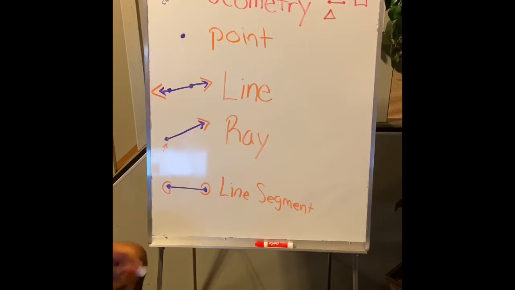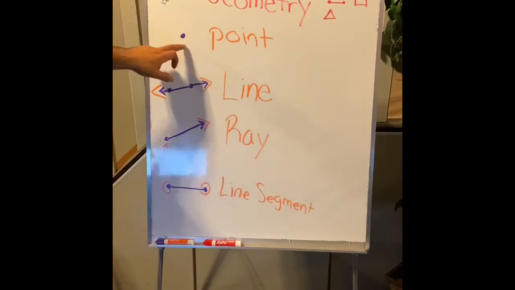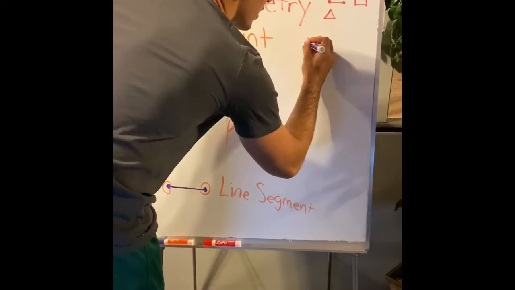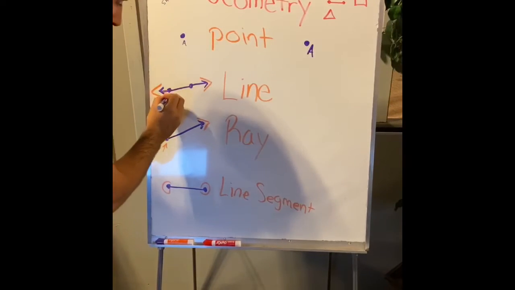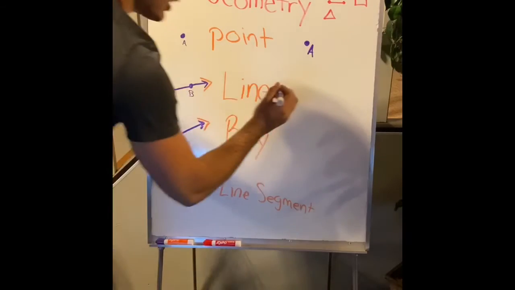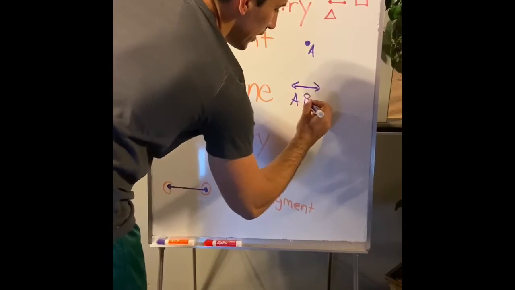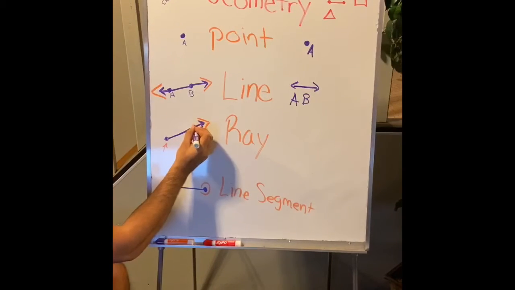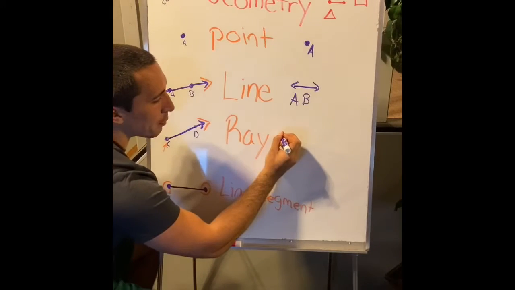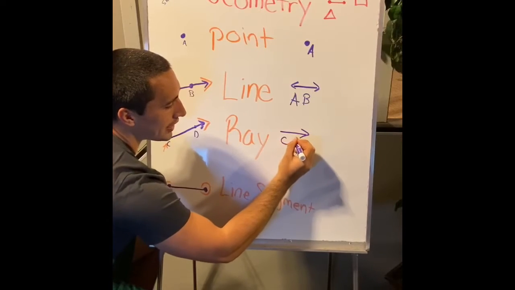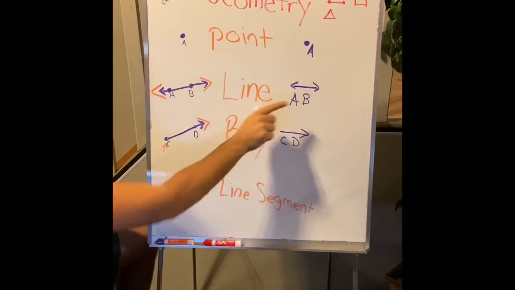To label these would look like this. Point, you can label point A. That would be point A. If this was A, B, this would be line A, B. If you have a point here, let's say C, D, the way you label that would be ray C, D. C would be the end point, and then D is towards the end that keeps going.